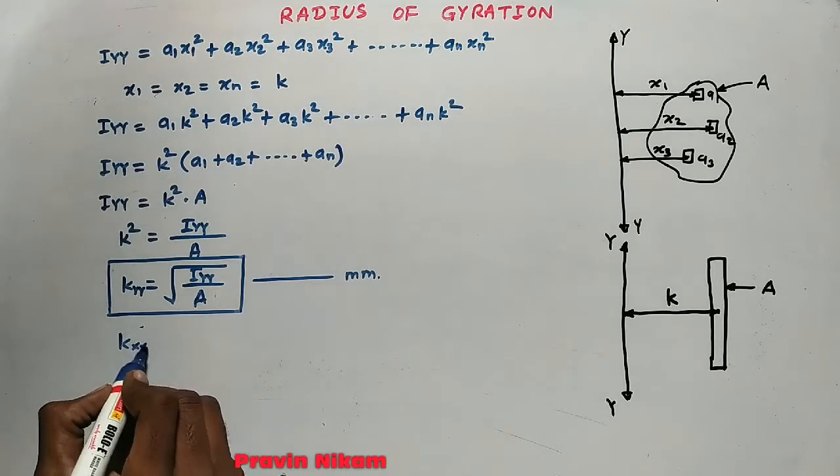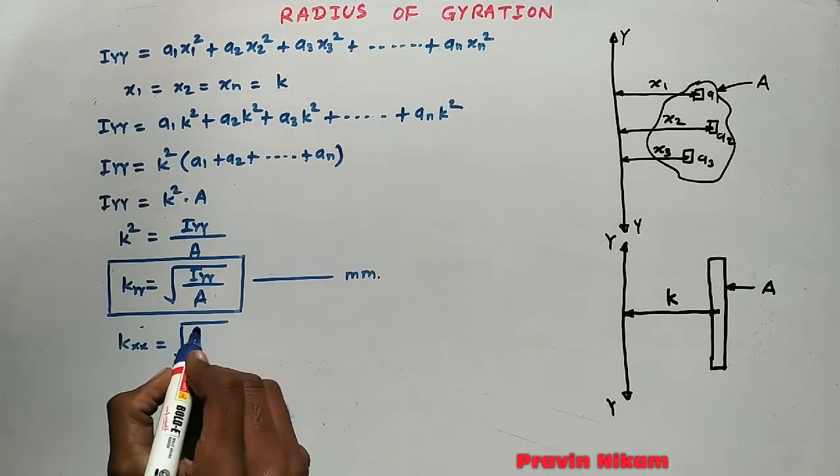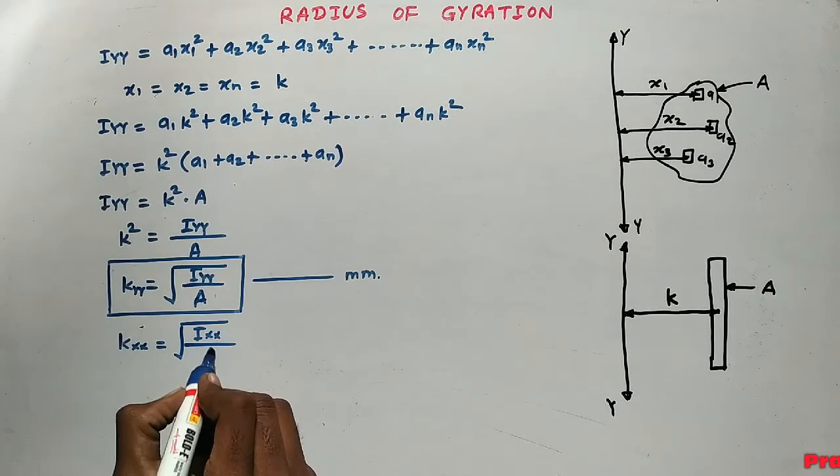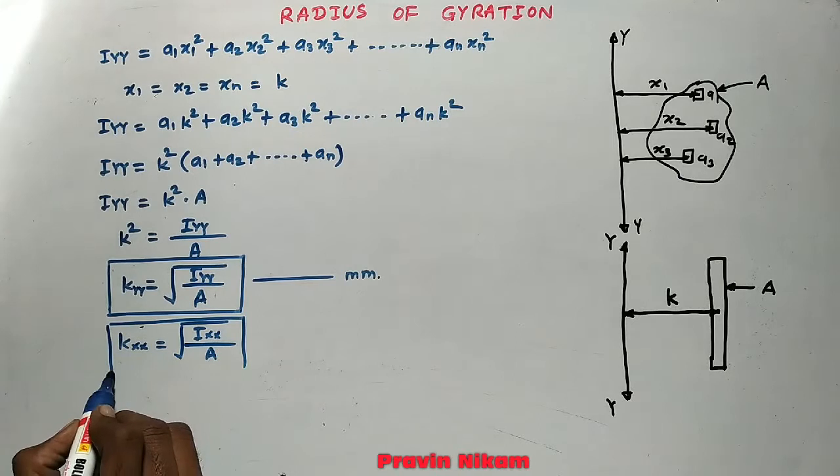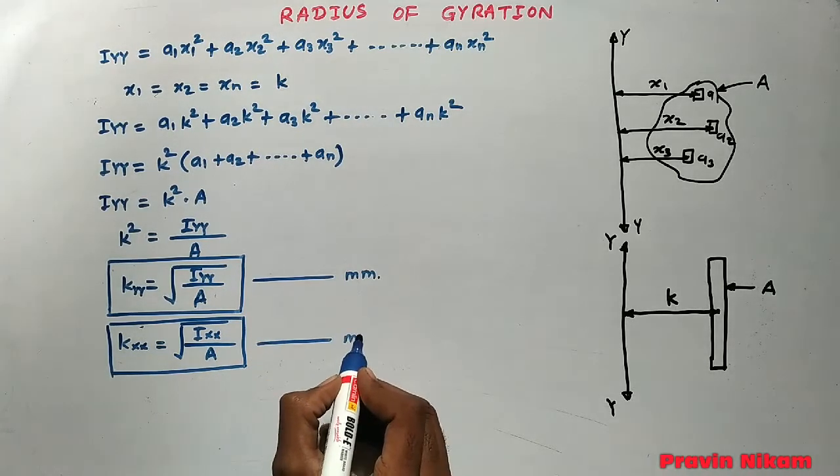Similarly, kxx is the root of Ixx divided by the area of the section, also in mm.